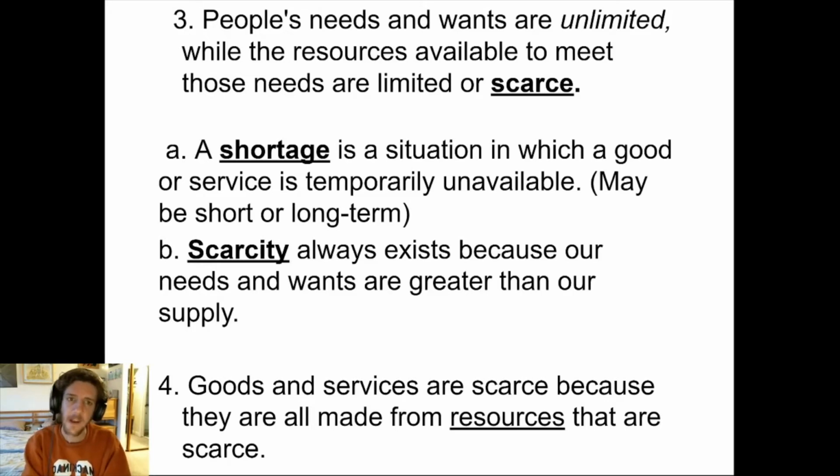While on the other hand, people's needs and wants are unlimited. If the human population continues to grow, there will always be more people with more needs. And if consumerist society continues to promote endless consumption of different goods and services out there, then our wants will always remain unlimited as well.